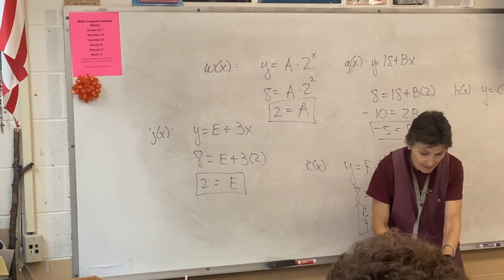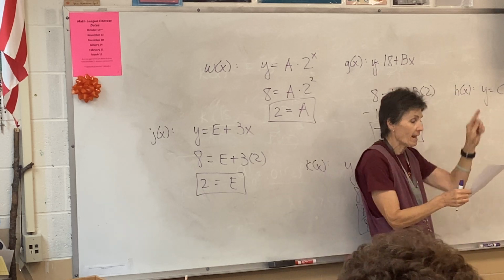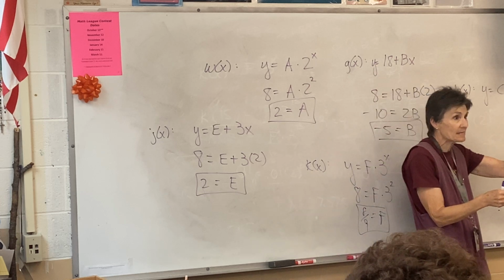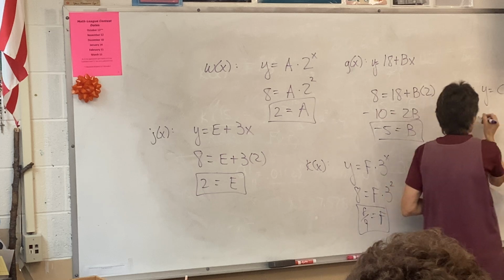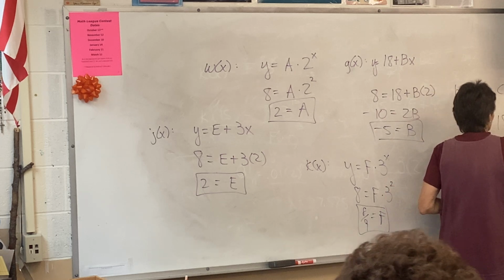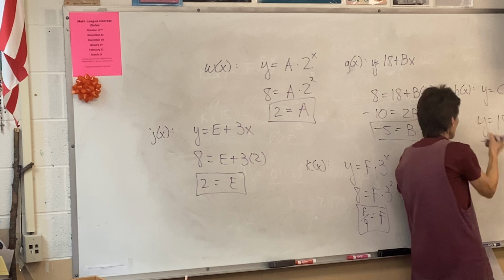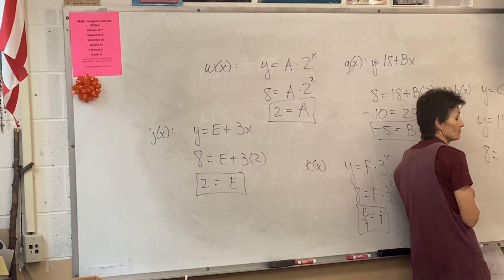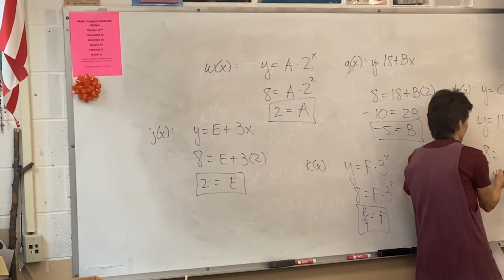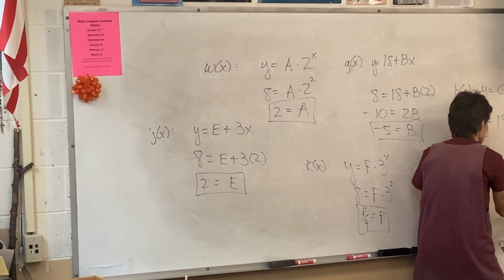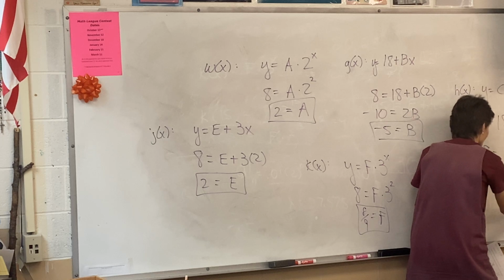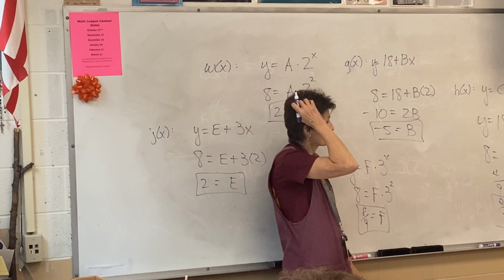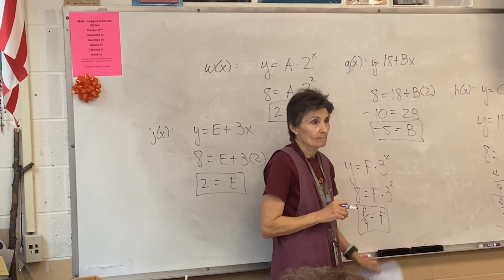And he said, since the purple and the blue intersect at their y-intercept, and I already know that's 18, then I know C has to be 18. Then I can plug in my 8 and my 2. And it looks like D is 2/3 if I did my arithmetic correctly. You all right with that?